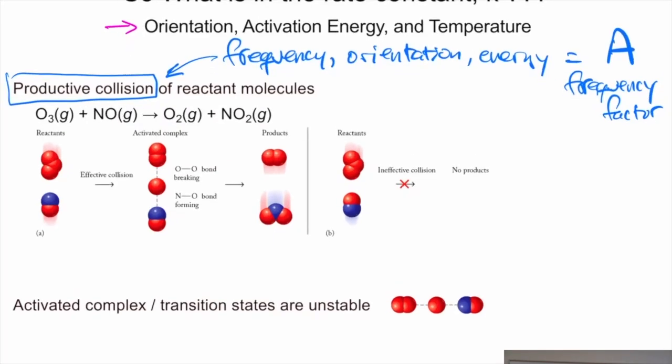For example, here's one of the photochemical smog equations that we were looking at. And here's a picture of the reactants. And you've got a molecule of ozone hitting a molecule of nitrogen monoxide. Okay? And you need to have a favorable interaction in the right orientation, and when you do, you make what's called an activated complex here.